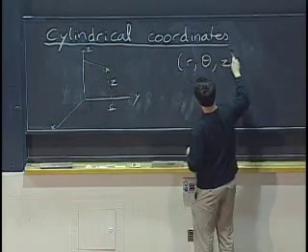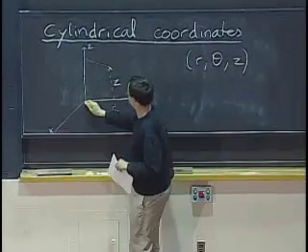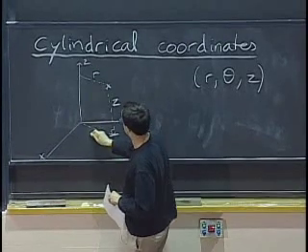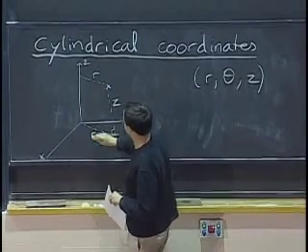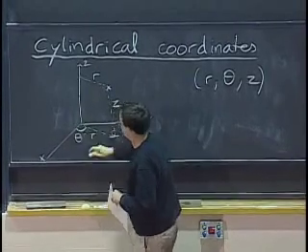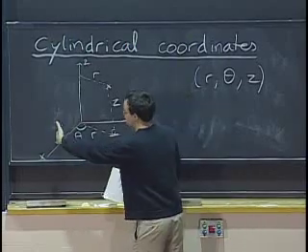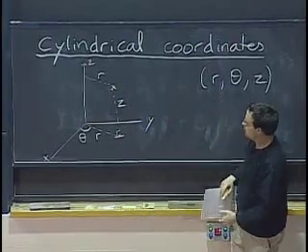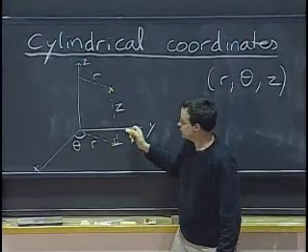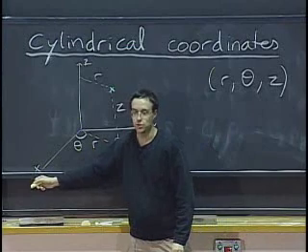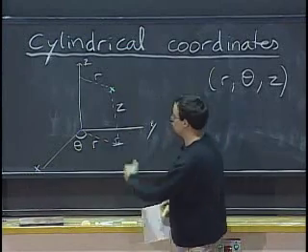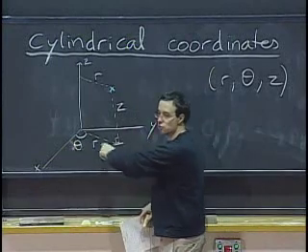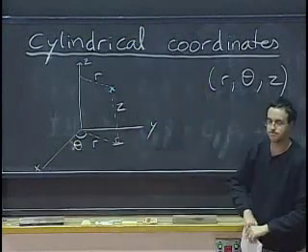And then you will use polar coordinates for the projection of your point in the xy plane. So r will be the distance from the z-axis, and theta will be the angle from the x-axis counterclockwise. The one thing to be careful about is because of the usual convention that we make the x-axis point toward us, theta equals 0 is no longer to the right. Now theta equals 0 is to the front, and the angle is measured from the front counterclockwise.